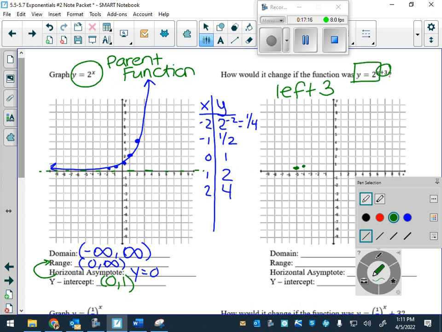Okay. 0 is now what? -3, 1. Good. And we have -2, 2. -1, 4. Okay. So since we moved left 3, x values change. Okay.